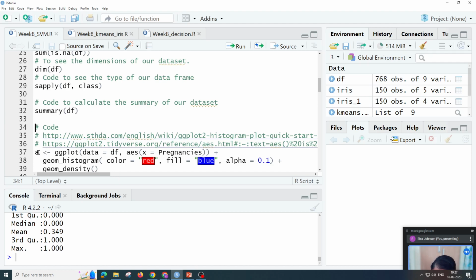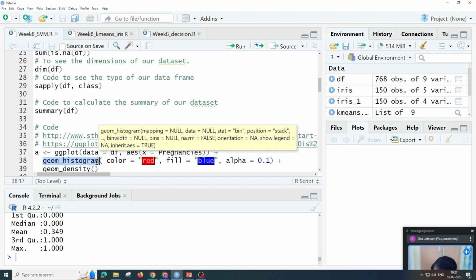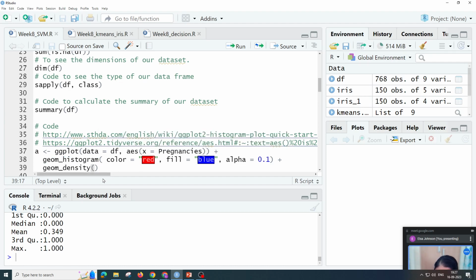I'll be using ggplot, which we have already seen, but here I'll give the data, then the aesthetic, where aes means the aesthetic changes according to the value of pregnancies, and then I'm plotting geom_histogram, meaning a histogram plot, with all the different values given, and I'm adding a density plot also.